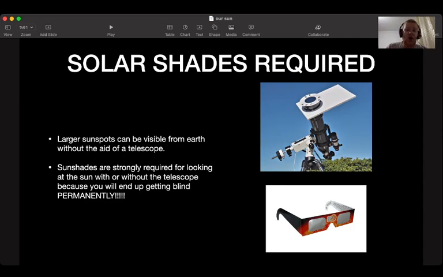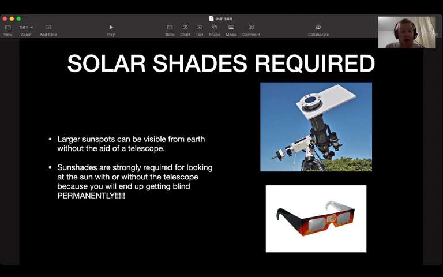So if you want to look at the sun through a telescope or with the naked eye, you have to have shades on. It is required, you guys, because if you try to look at the sun without any shields, you'll go blind straight away. Of course, larger sunspots can be visible from Earth without the aid of a telescope, but you need shades to wear.